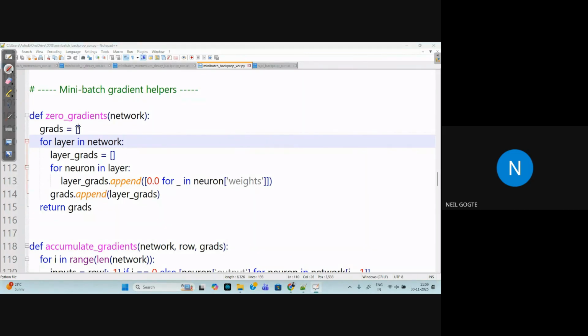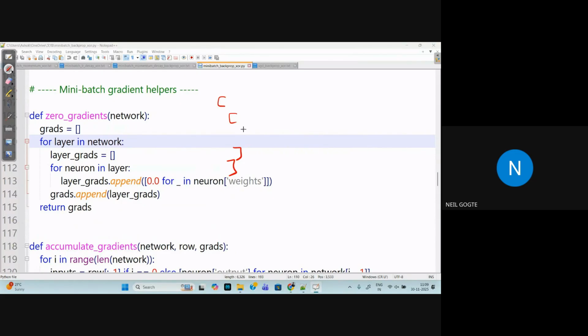So grads is a list with one entry for each layer in the network. There is this layer grads list, which holds the gradients of a particular layer. For each neuron in that layer, each neuron will have weights.